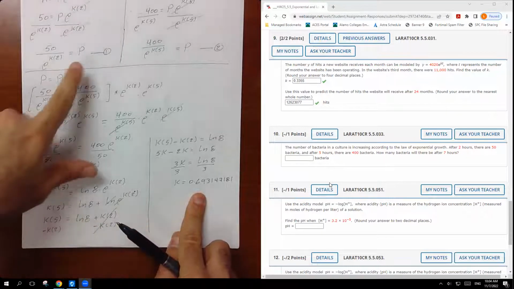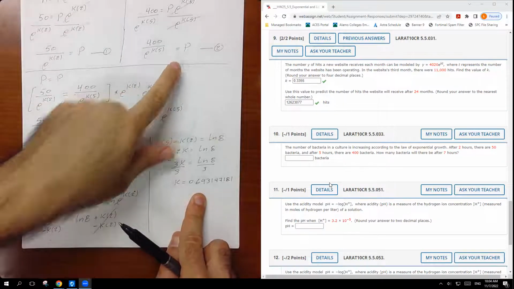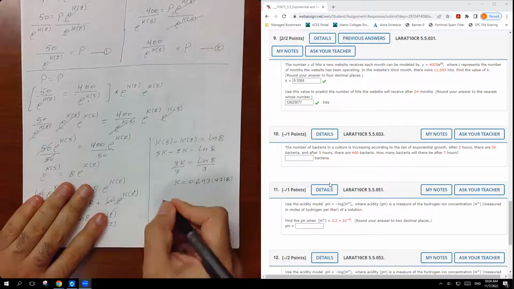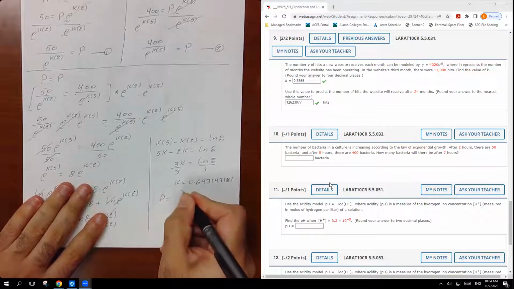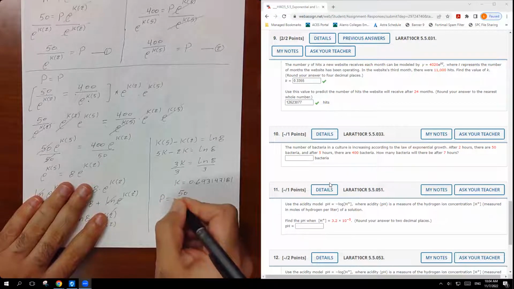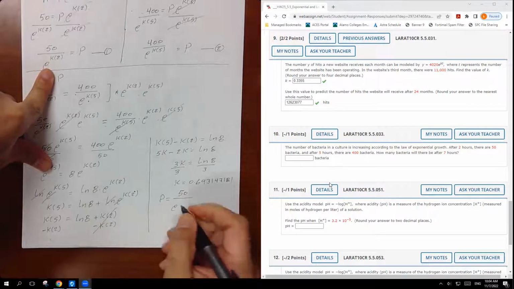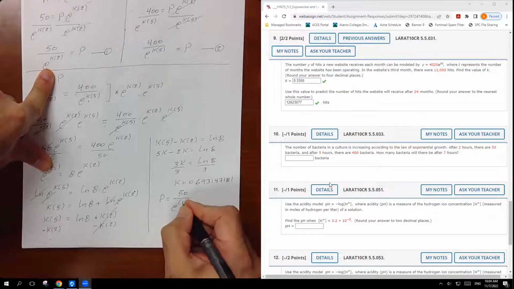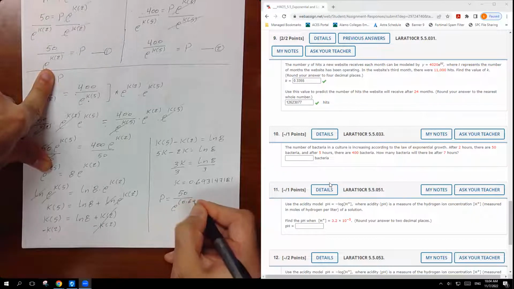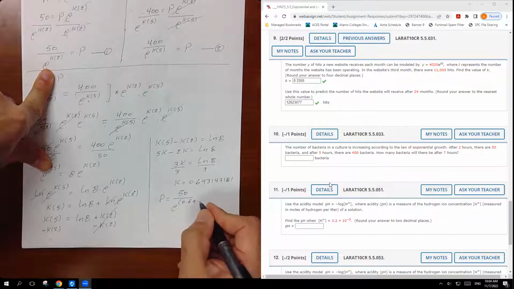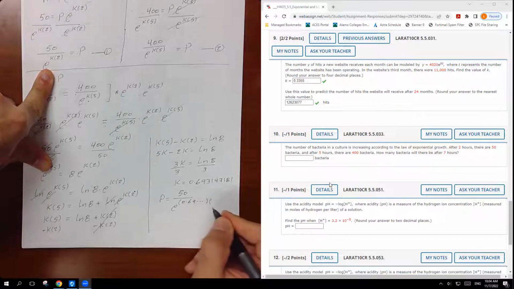I'm going to plug in k here or here to find the value of P. That means P is going to be equal to 50 over e to the k, which is 0.69 times 2.